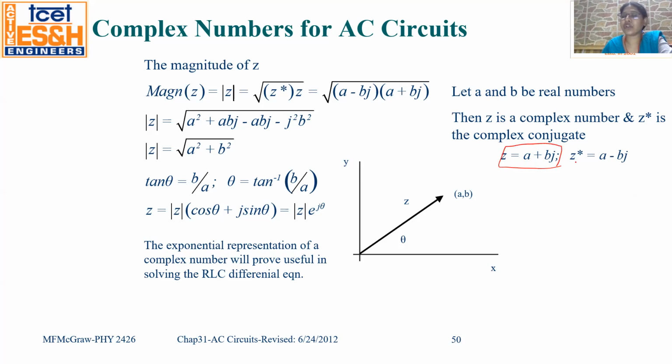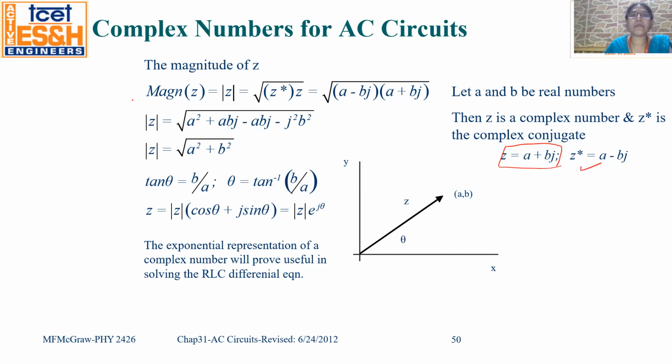And for the same, the complex conjugate has a minus in place of plus. So A minus Bj is the complex conjugate of Z. You have to remember these two points.